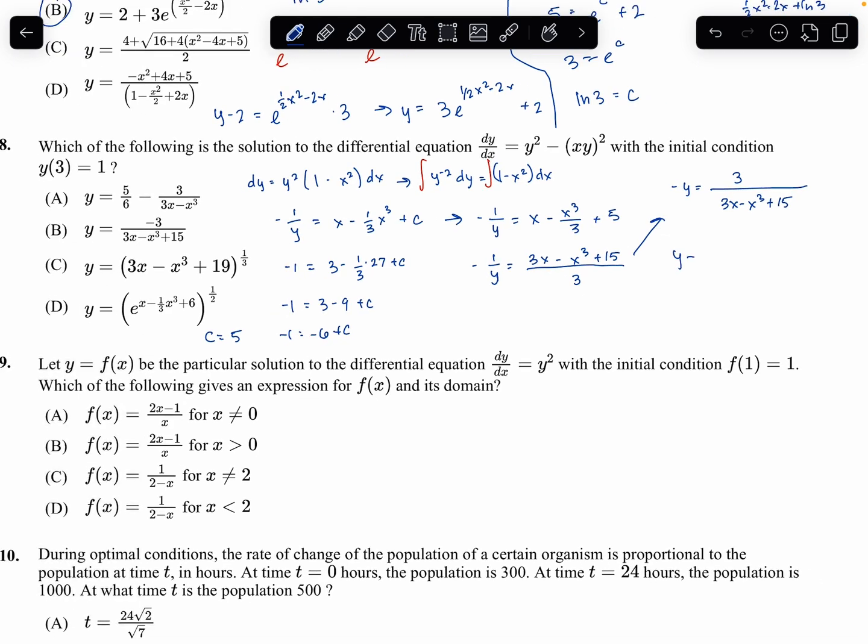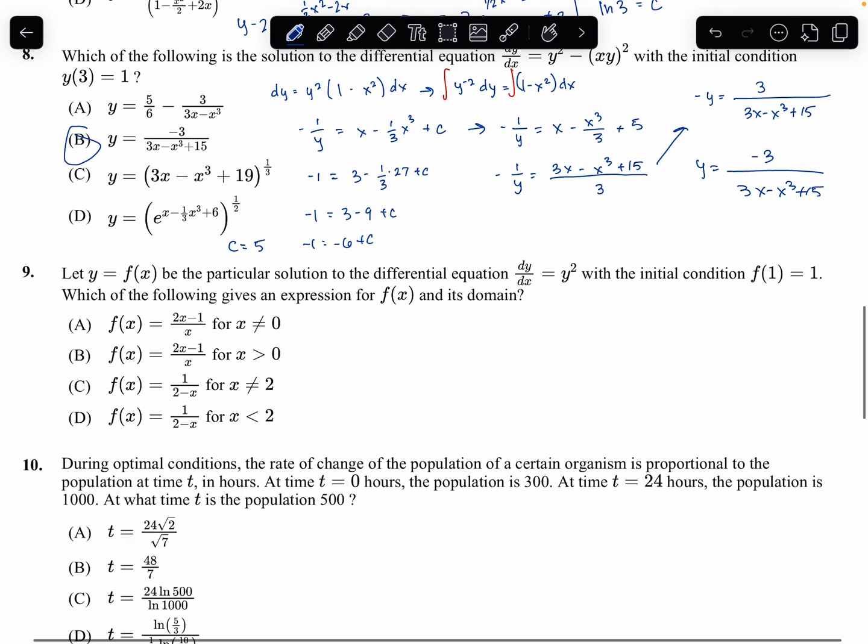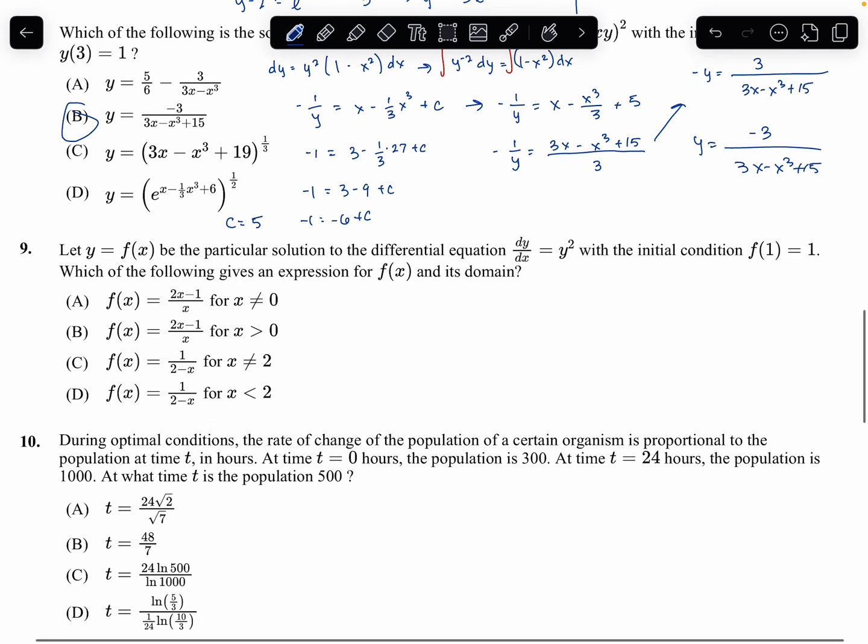So y is equal to, I'm trying to see which one, so I think they're using b as the answer, yep, so negative 3 over 3x minus x to the third plus 15, and there we go. That's how I would solve for y there.